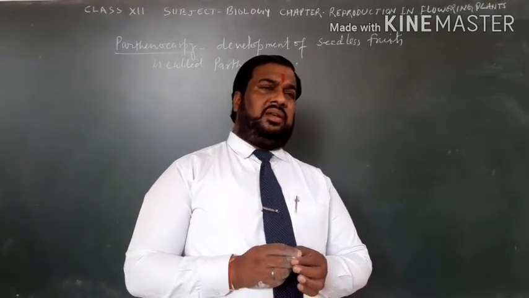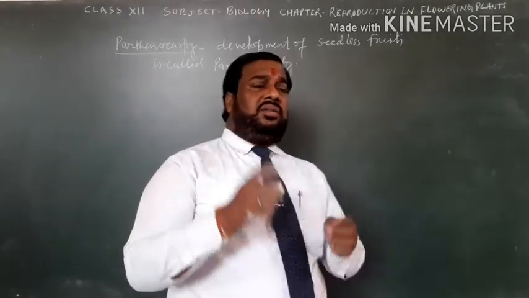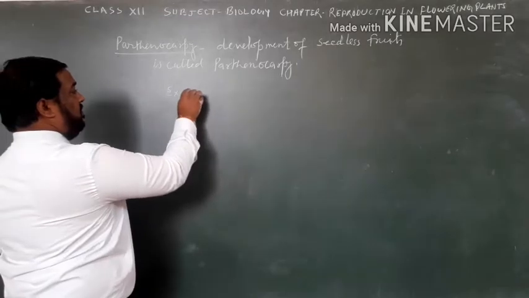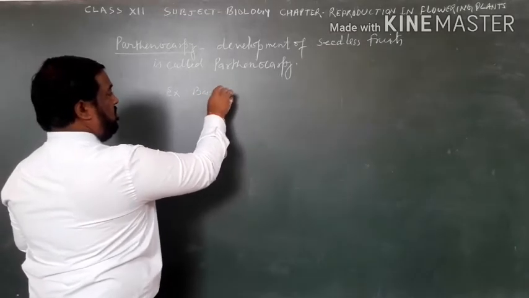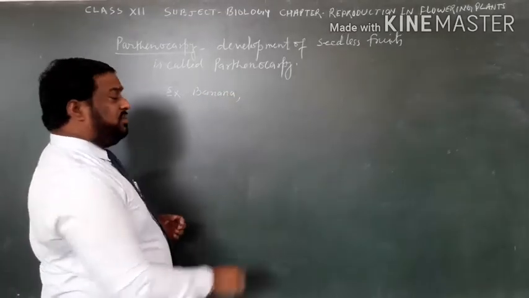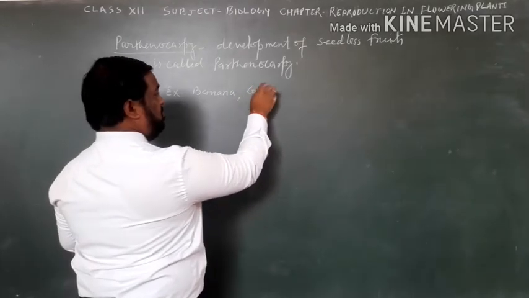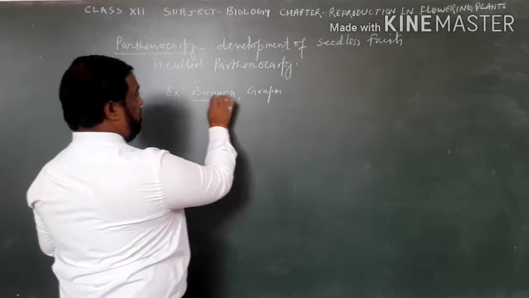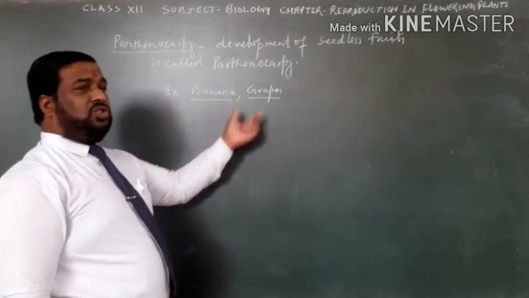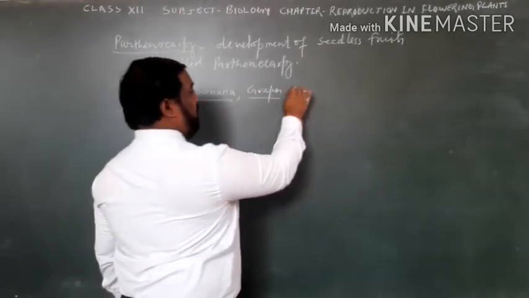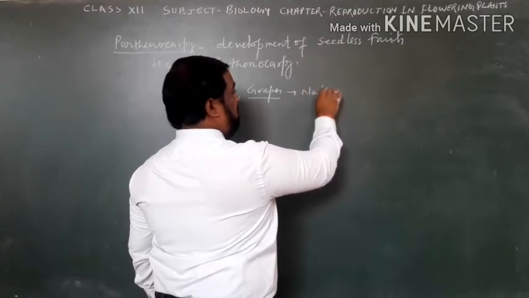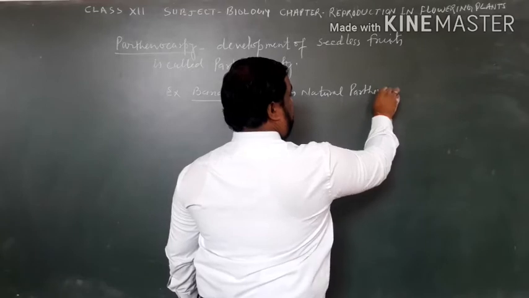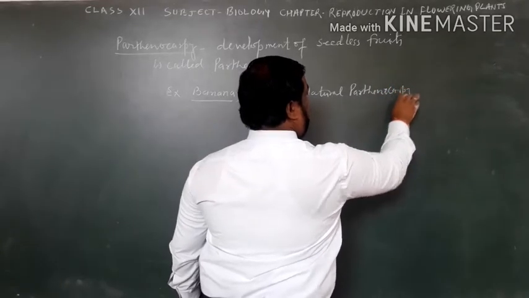For example, banana and grapes both show natural parthenocarpy.